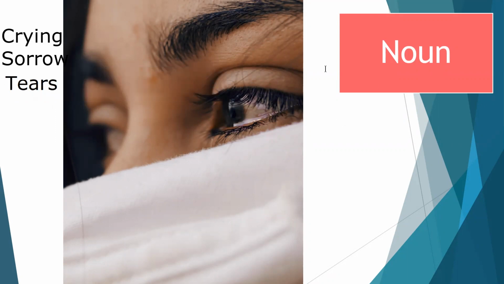So crying, sorrow, tears, you can use any of these nouns to describe this picture. But sorrow is a bit of an abstract idea. Abstract meaning that you can't actually see it or measure it, but you definitely can feel it. It's a part of our human experience. So love is also another noun.